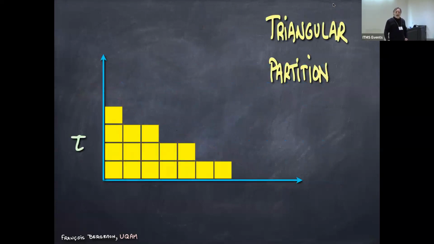So as usual, we switch everything to a partition in French notation. That's important. That's the French part of Canada. Although our friends here also use the French notation. And so I'll typically call my triangular partition tau, because they're triangular, instead of lambda and mu. And so you see one here.